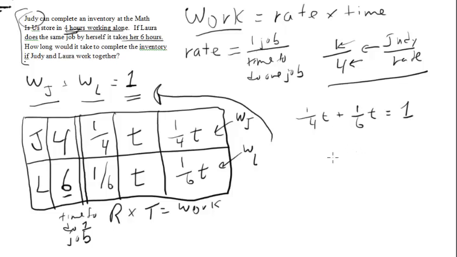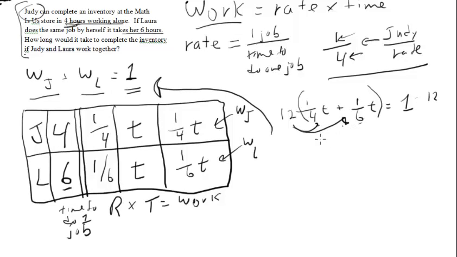Now to solve for t, it's just solving the equation that involves fractions. So if I look at the problem here, I can see that I have a 4 and a 6 in the denominator. So my common denominator is going to be 12. So I'm going to multiply both sides of the equation by 12. I got to remember, of course, that it does distribute to both parts, both terms.